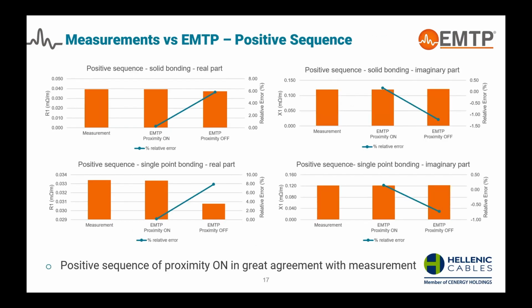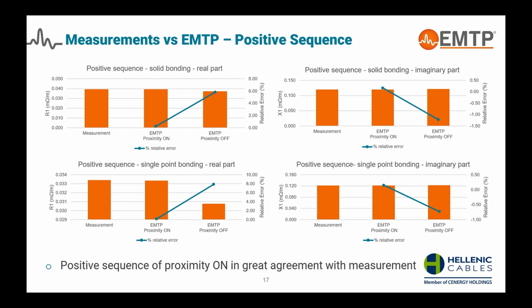Regarding the positive sequence calculation, we have two cases again, the solid bonding at the upper diagrams and the single point bonding at the lower diagrams, where we have at the upper left chart the resistive part, the real part of the positive sequence, and at the upper right chart, the imaginary part, the reactive part.